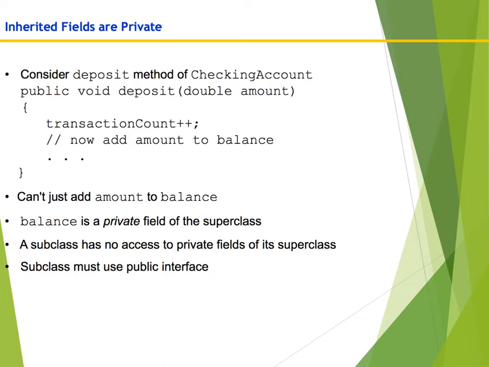In order to add amount to balance, we can't just add amount to the instance field balance, because the balance instance field is defined in the superclass, and the balance is a private field of the superclass. Because of encapsulation, the subclass has no access to private fields of its superclass. So the subclass must use the public interface that its superclass has provided.